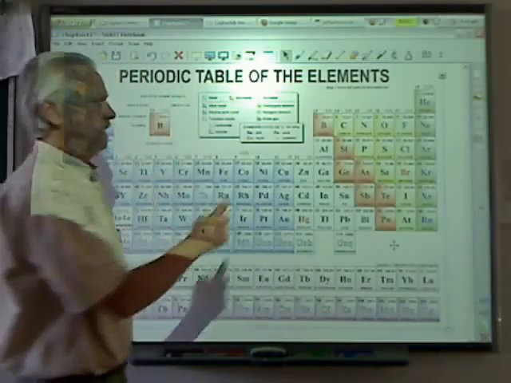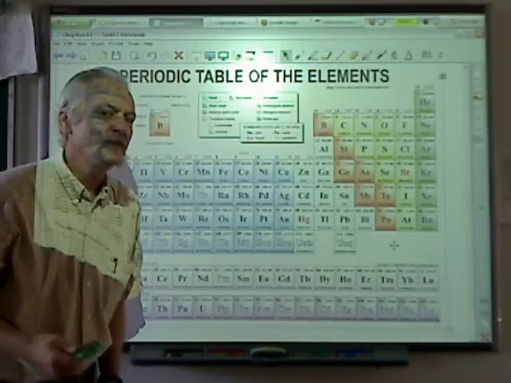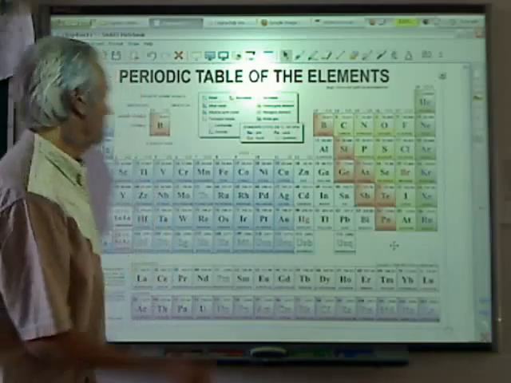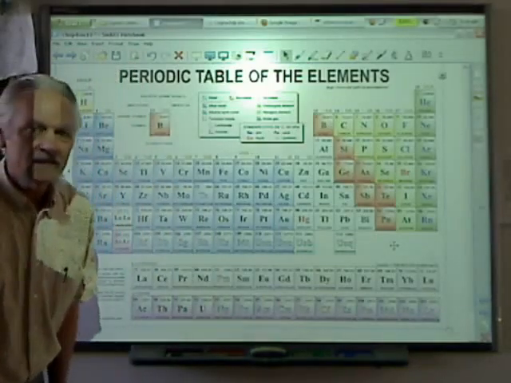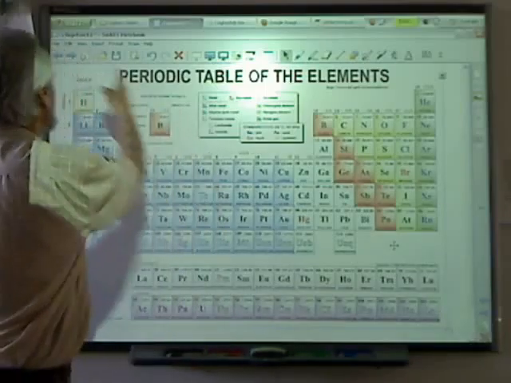Hydrogen with 1 electron and 1 proton, helium with 2 electrons and 2 protons occupying that first period. If we need 3 electrons in our atom, we've got to go to the second period where more housing is available for electrons. Okay?